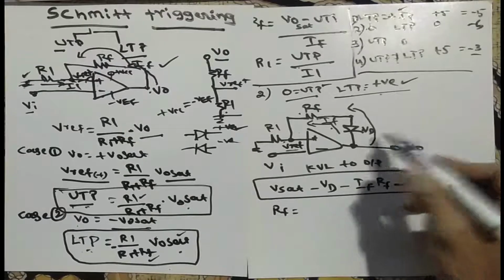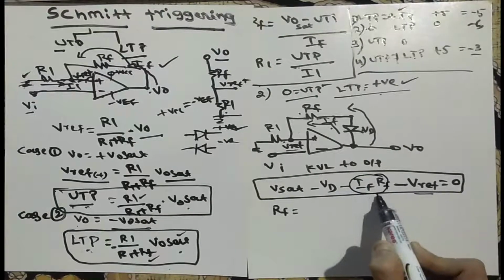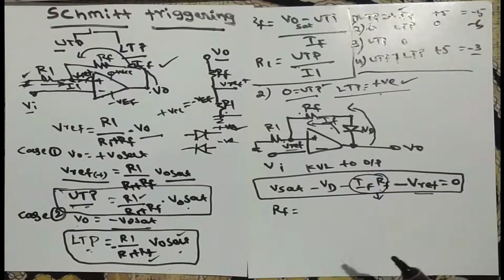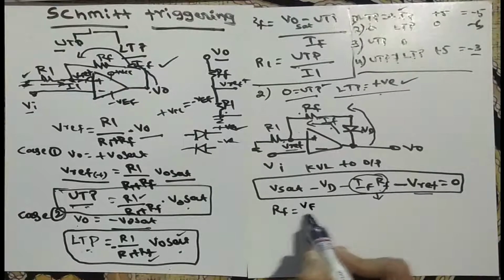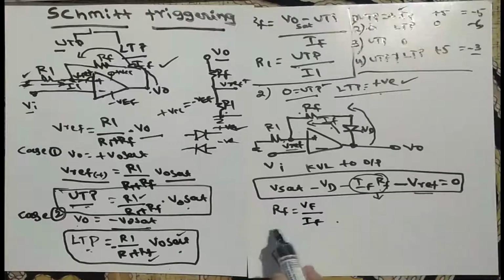This is the current and this is the voltage we have, so that is how we find it. I will name it VF, but you can call it any name, not an issue. So RF is nothing but VF divided by IF. This is the easiest way to find RF.